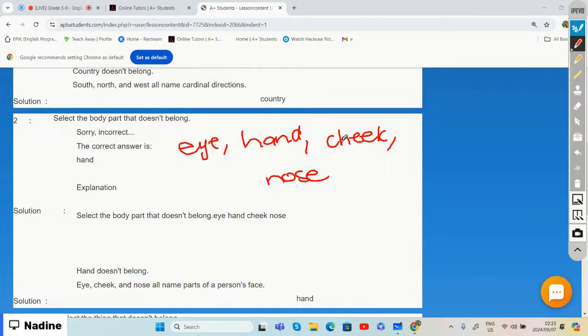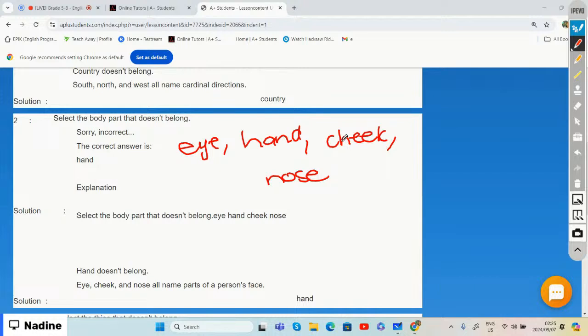All right, and if we were to identify the word that does not belong within that sentence, not even the sentence, those words, right? Words that are not related to one another. And then we can say hand.